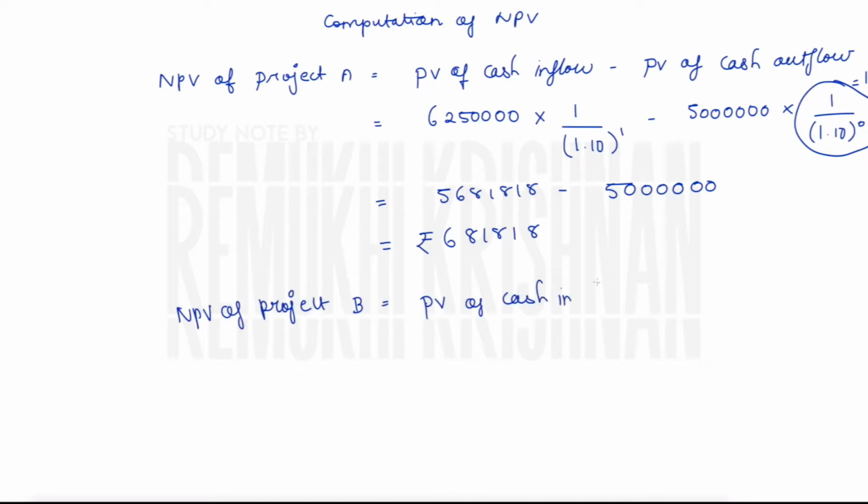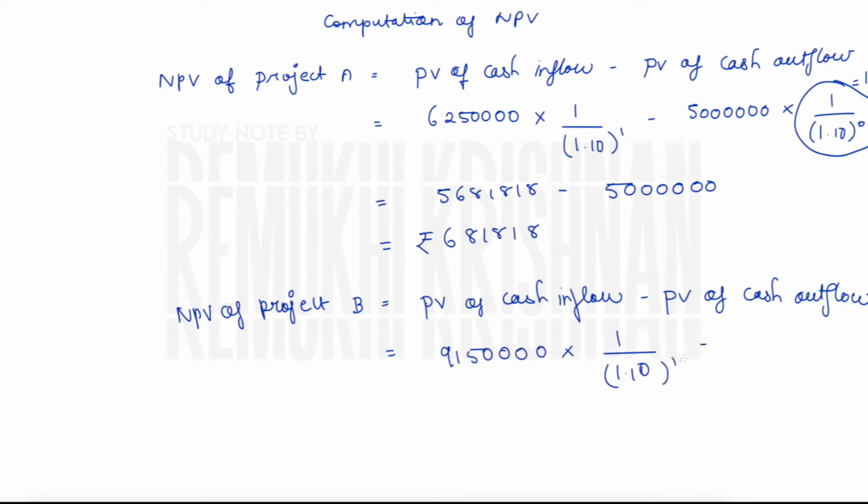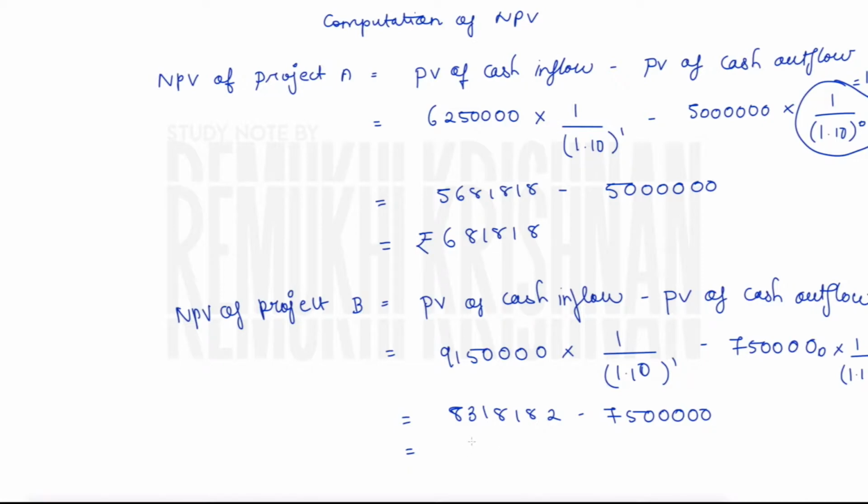Now we are moving to find the net present value of project B. Again, the same formula. So just solve this formula. So yes, we are arriving at an answer of 8,18,182.